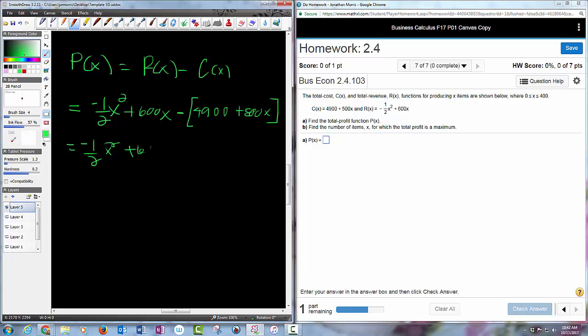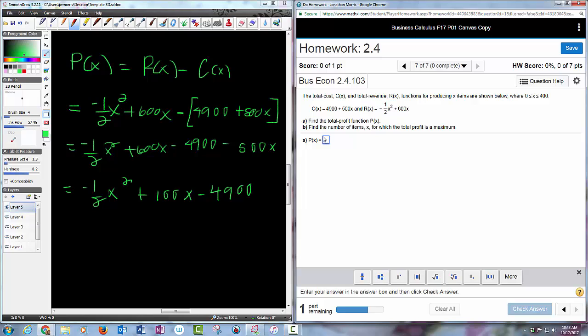So I need to distribute that negative to the 4900 and to the 500. And then I can combine my like terms to get negative 1/2 x squared plus 100x minus 4900. Let's go ahead and type that in, see if we got it right.